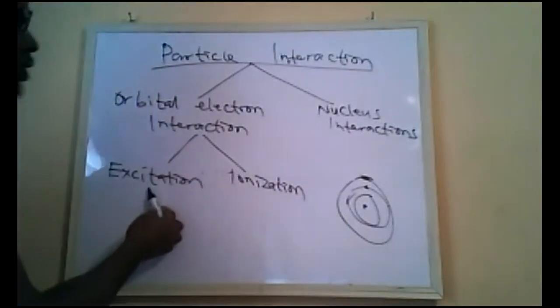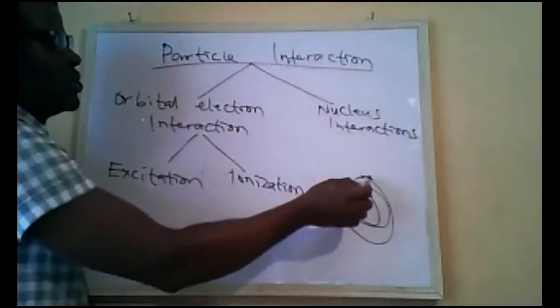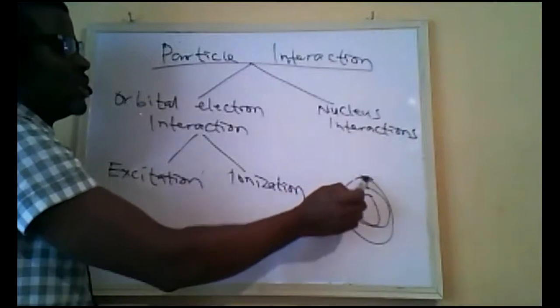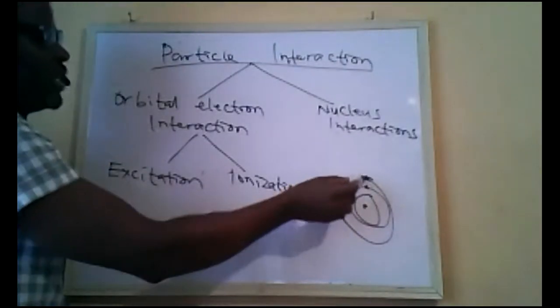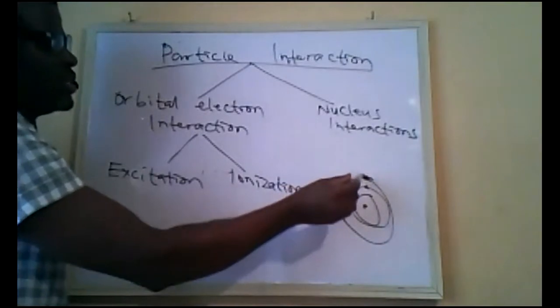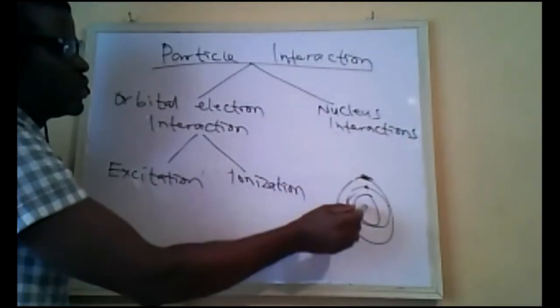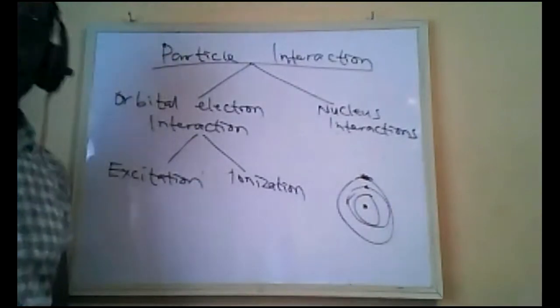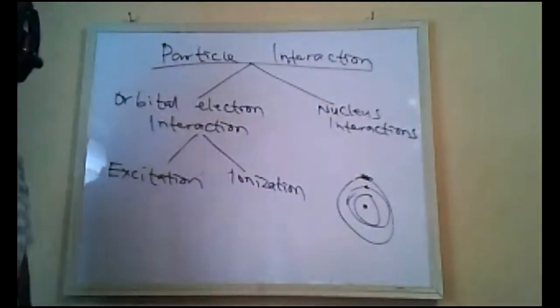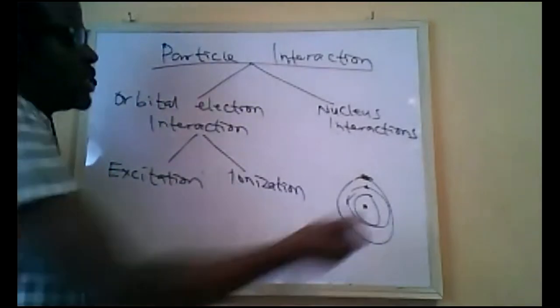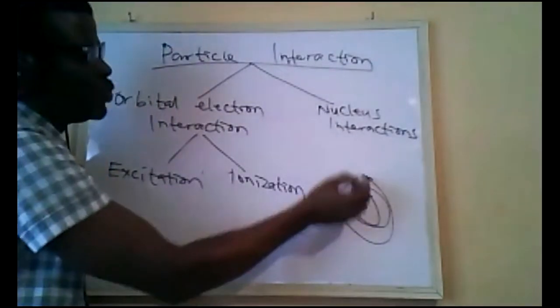For excitation, the energy is not equal to the binding energy of this electron. The binding energy of the electron here is the energy holding this electron to this nucleus. But if that energy is not enough, and it acquires an energy equal to the energy difference between here and here, it will jump from here to here.